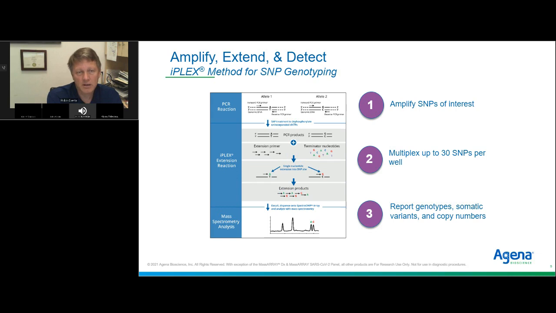Then after the PCR is done, we do a shrimp alkaline phosphatase treatment. We dephosphorylate the unincorporated dNTPs, so the dNTPs that are left over after PCR cannot be used anymore. And after that step, we add an extension primer cocktail, which has an extension primer that lies next to the SNP of interest. In this case, you can see that here in the fourth pane.